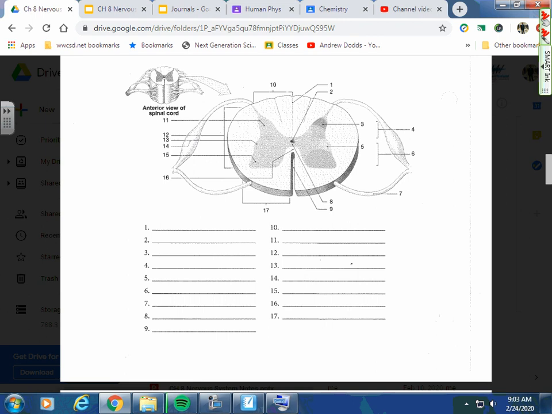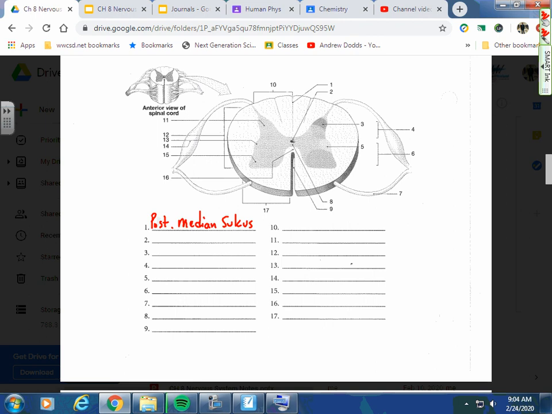So, all right. Number one, this gap in the back is called the posterior median sulcus. A sulcus, you'll learn when we study the brain, that sulci are like the grooves in the brain.